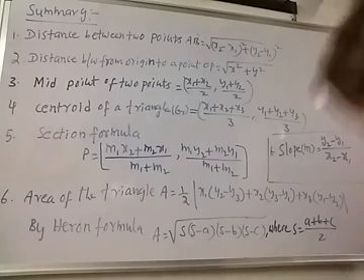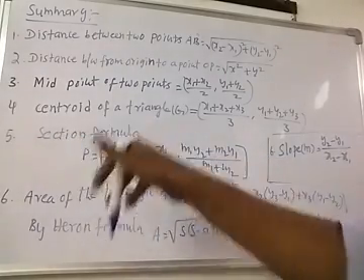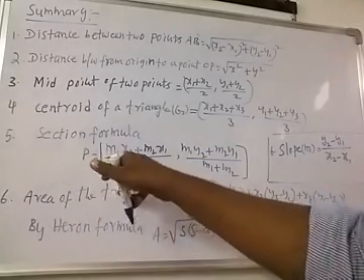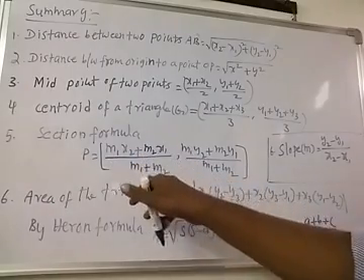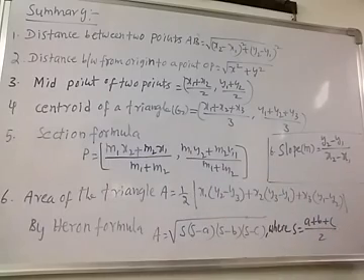And a line: what are the coordinates of the point which divides a line segment in the ratio m1 is to m2 internally? That is the section formula. The coordinates of P are (m1 x2 plus m2 x1)/(m1 plus m2), (m1 y2 plus m2 y1)/(m1 plus m2).